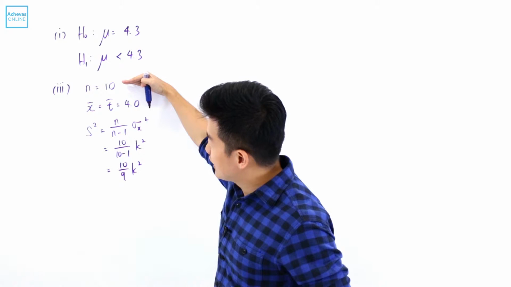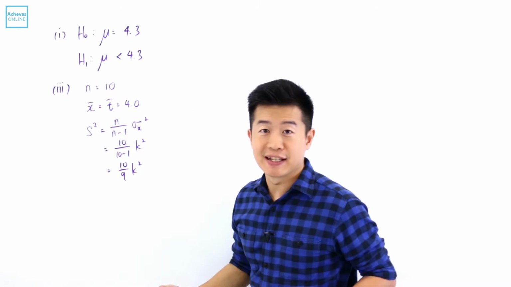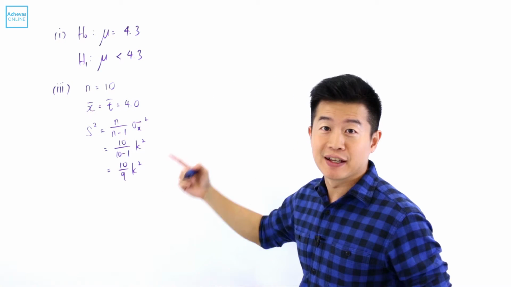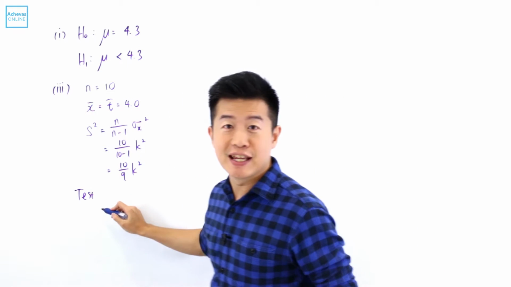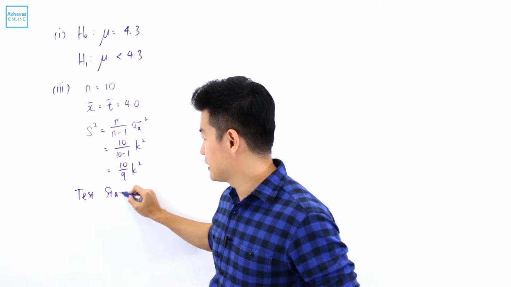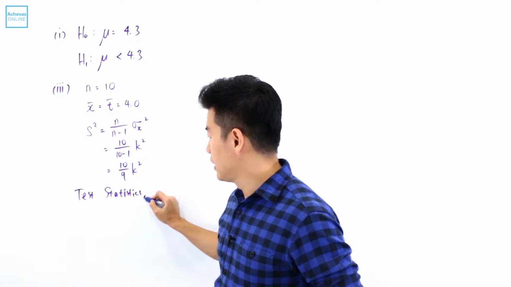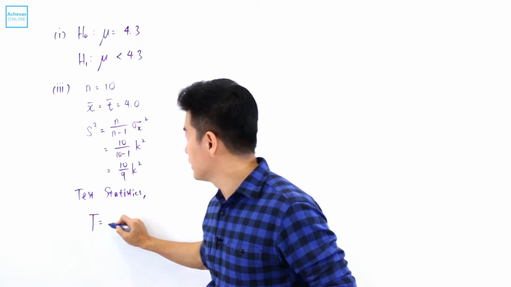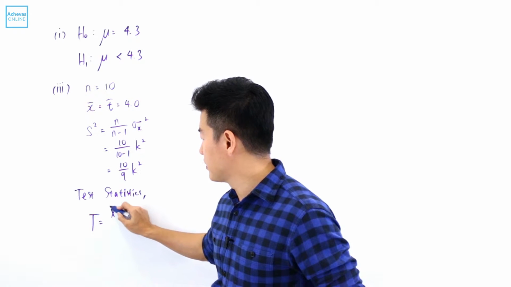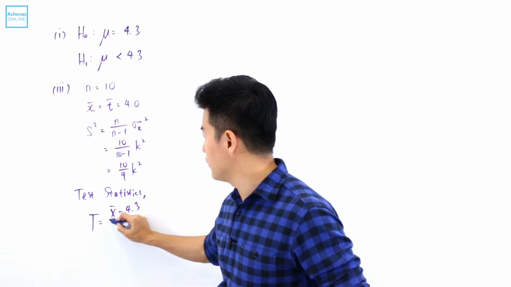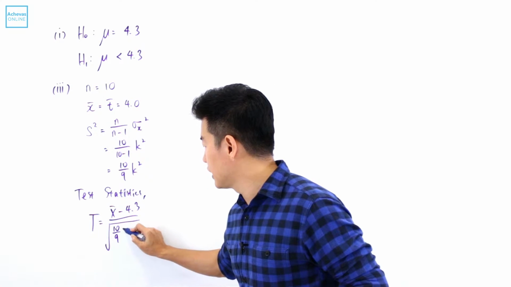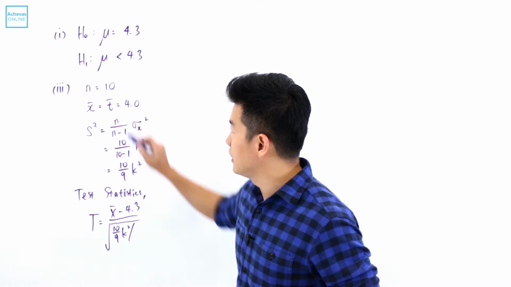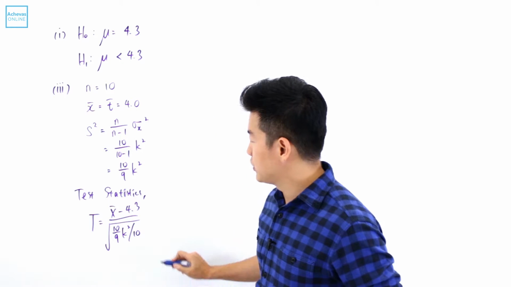With n that is small and the population variance that is unknown, this is going to be a t-test once again. So I'm going to write down my test statistic with a t distribution. It is going to be equal to x bar minus 4.3 divided by the square root of 10 over 9 k squared divided by the sample size 10.